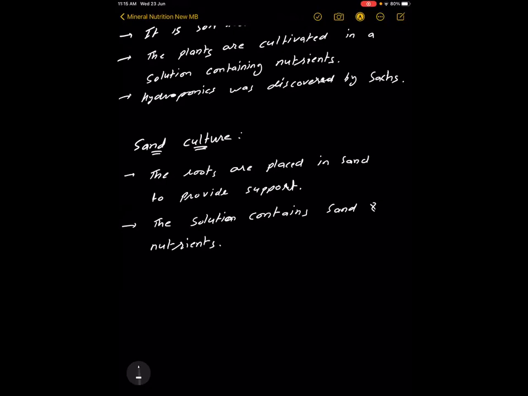Spray, you can say, the nutrient material is sprayed over the roots. Because the roots are in air, they are open, not in solution, not in sand, not in soil. So no soil, no solution, no sand. Directly in the air, they are supplemented with the nutrient material. And that is called aeroponics.